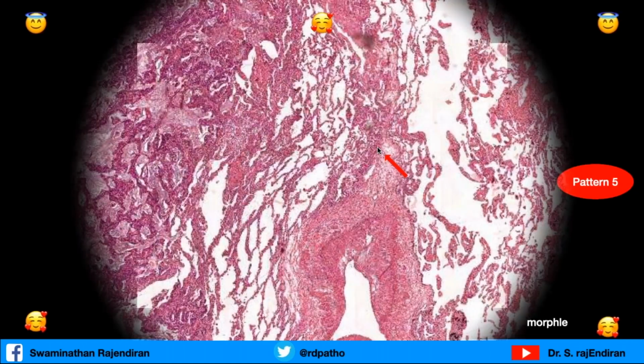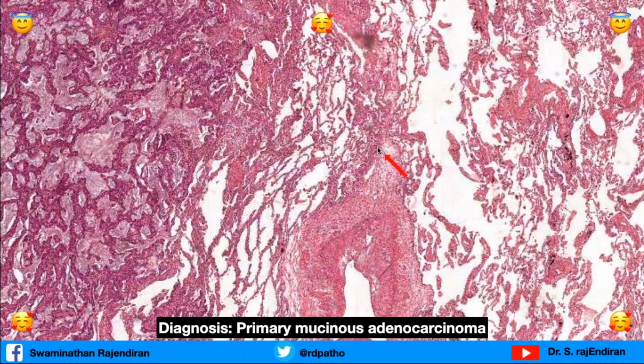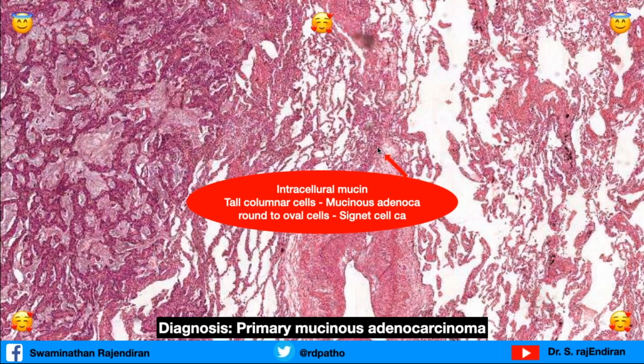Another important thing to remember in mucinous carcinoma: intracellular mucin in tall columnar cells, like in our case, is mucinous adenocarcinoma. When it is in round to oval cells, then it will be signet cell carcinoma, where the prognosis is poor. When you see a lot of extracellular mucin composing more than 50% of the tumor, pools of mucin with the tumor cells floating in them, then you call colloid carcinoma.